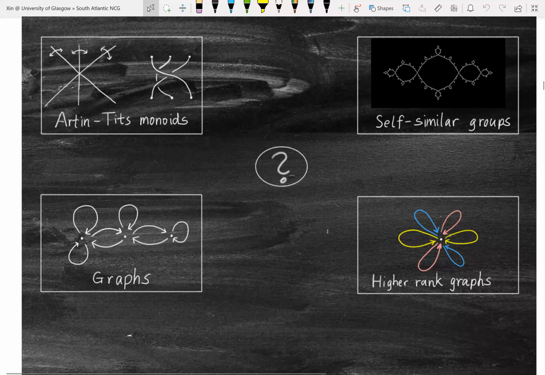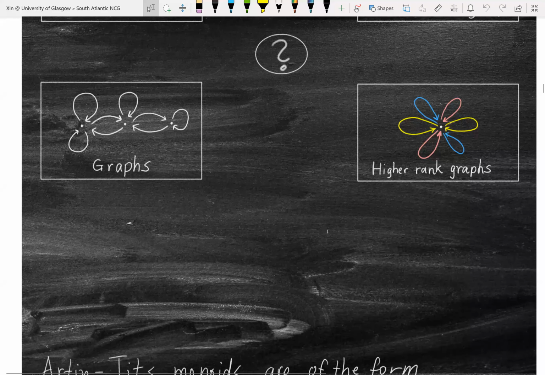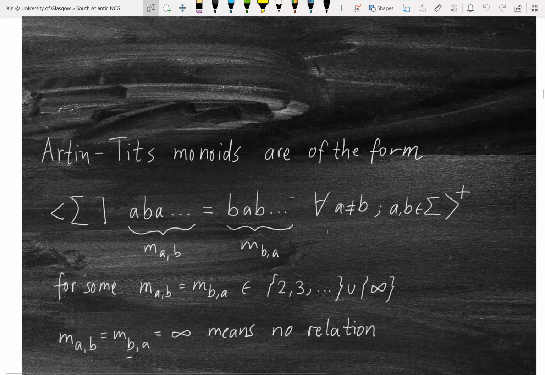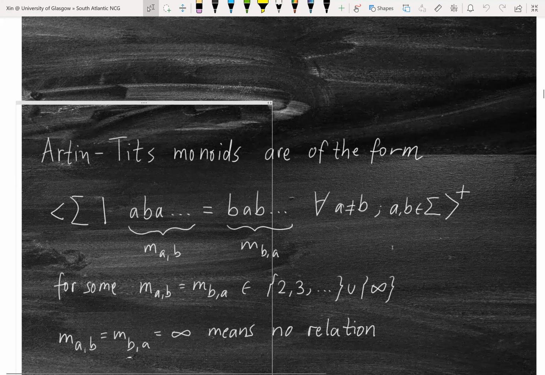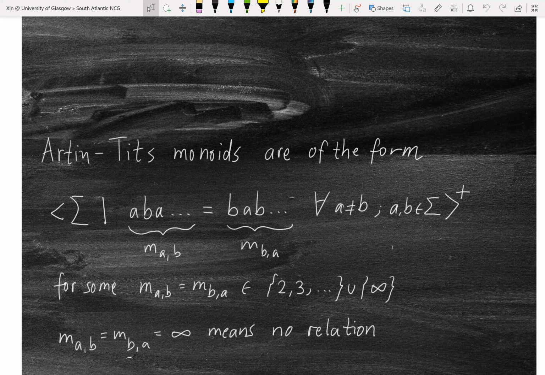So let's start with Artin-Tits monoids. So algebraically, these are monoids which are given by a particular presentation. So you have a generating set Sigma, and then you ask for certain relations of this form: you take two generators and you form alternating products. You start with a, and then do the same thing but start with b.